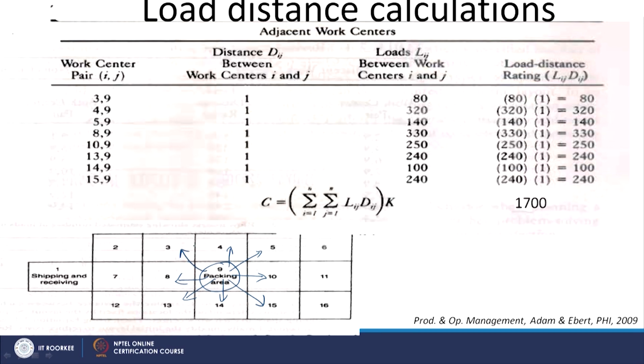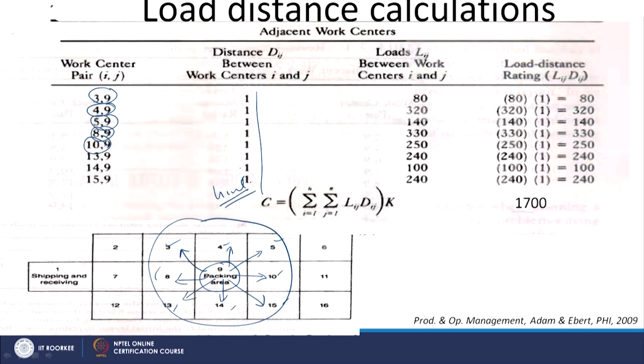So, what is the movement from 9 to 3, 4 to 9, 5 to 9, 8 to 9, 10 to 9. All these 3, 4, 5, 10, 15, 14, 13 and 8 are the adjacent areas. The distance to be travelled here will be minimum, so we will consider the distance as 1 unit only.